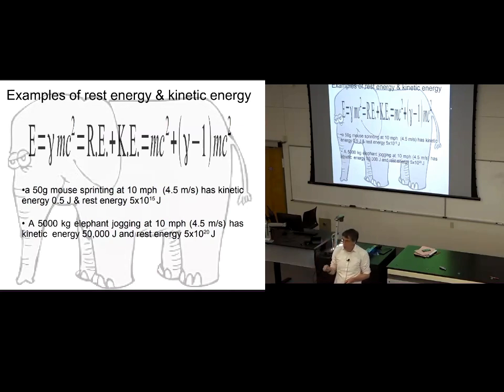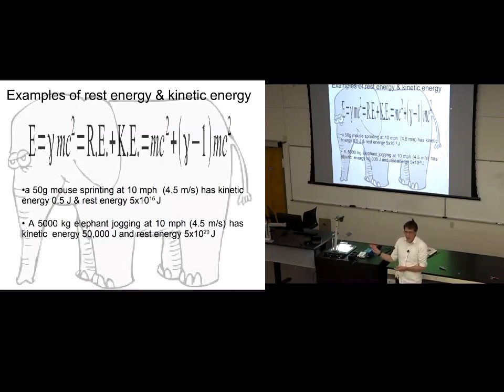So knowing the mass and the speed, we can calculate the kinetic energy, and we can calculate the rest energy of the mouse. The kinetic energy of a 50-gram, 10-mile-an-hour mouse, I calculated it is half a joule.